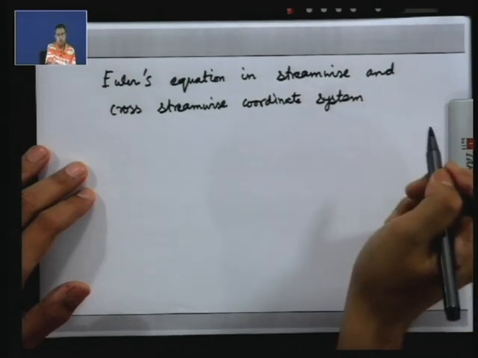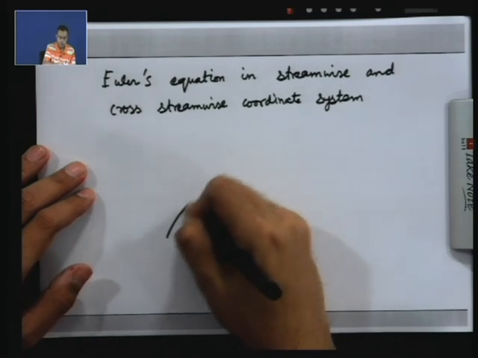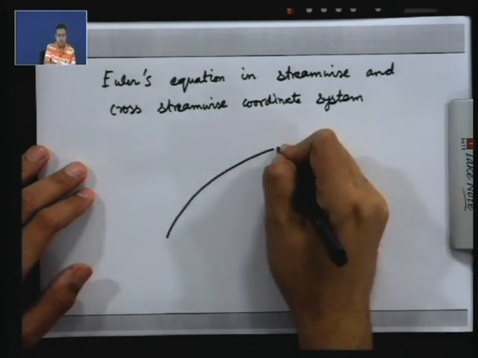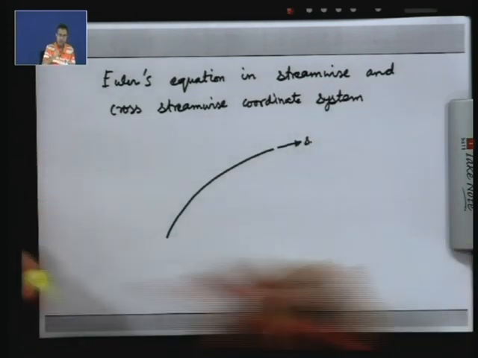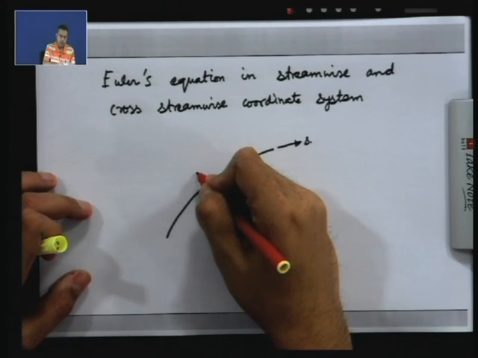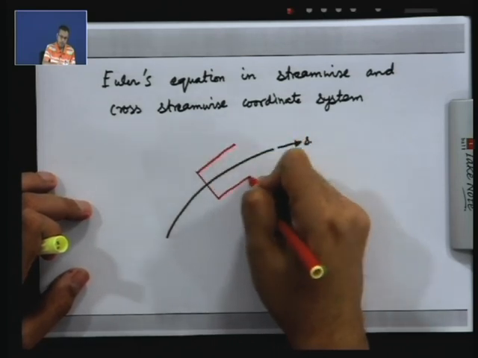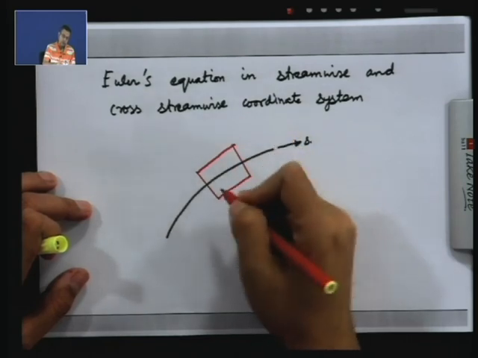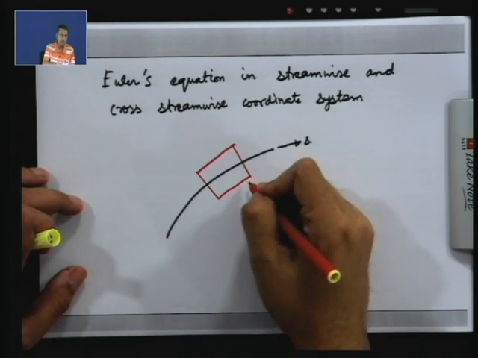Euler's equation in streamwise and cross streamwise coordinate system. Let us say that this S is a streamwise coordinate system. So, let us take a fluid element coaxial with the streamwise coordinate system.